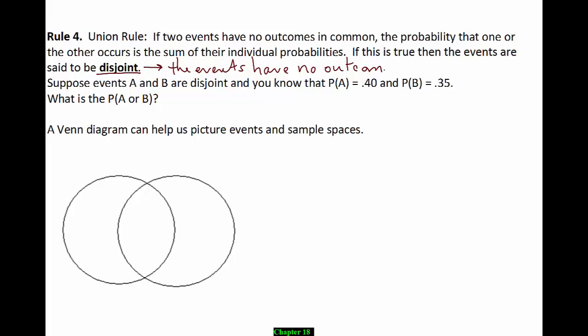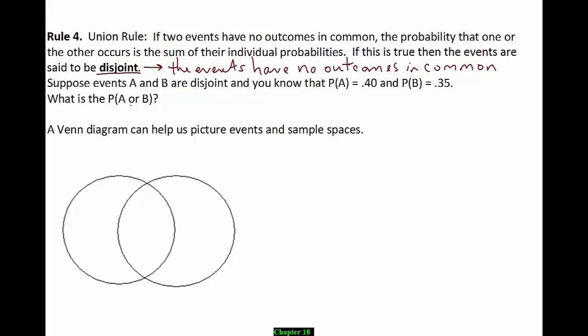So if two events have no outcomes in common, if they can't happen at the same time, then we call them disjoint events. Suppose that A and B are disjoint, and you know that the probability of A is 0.4 and the probability of B is 0.35. What is the probability of A or B? Now, the word or goes along with a union.